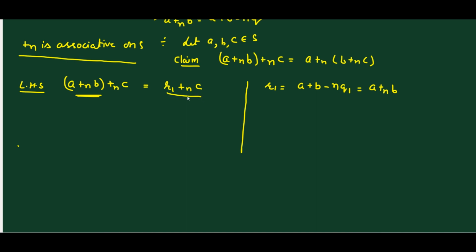now replace this. When you combine these r1 and c with respect to the operation defined above, then it will be r2, and you can write here as r2 is the remainder when r1 plus c is divided by n. So you can write this as, where q2 is the quotient and r2 is the remainder.